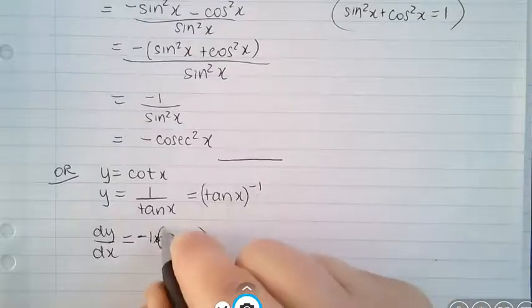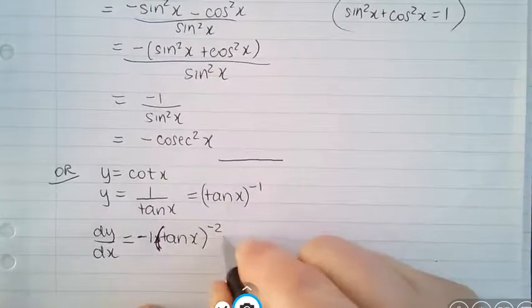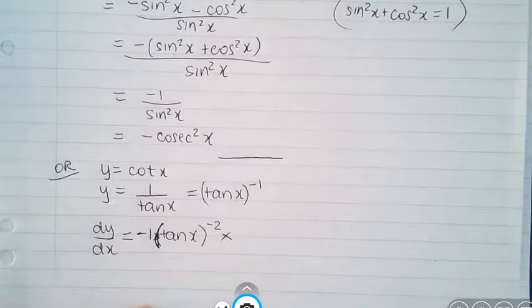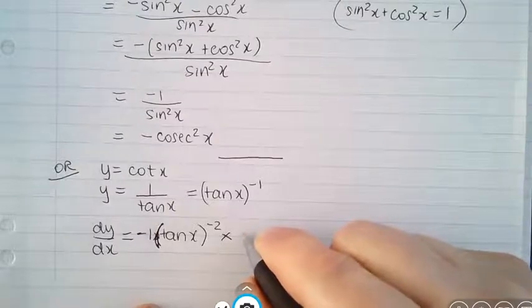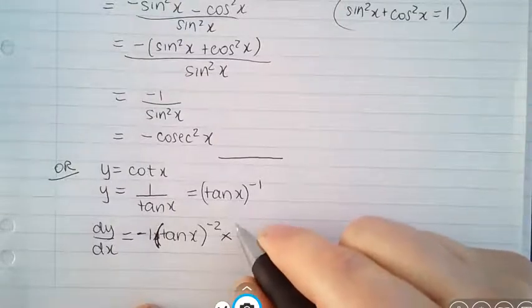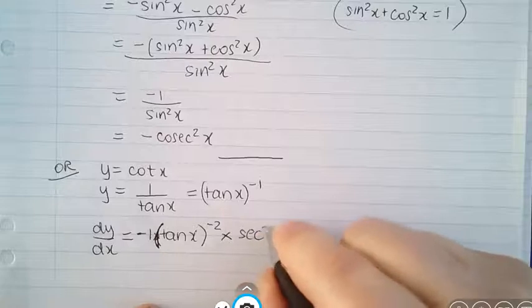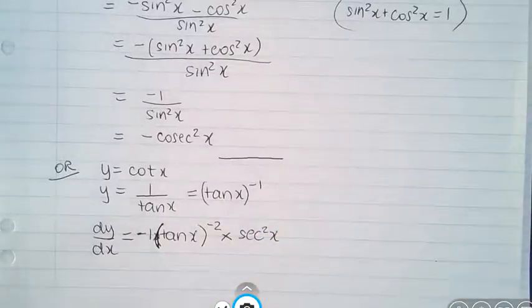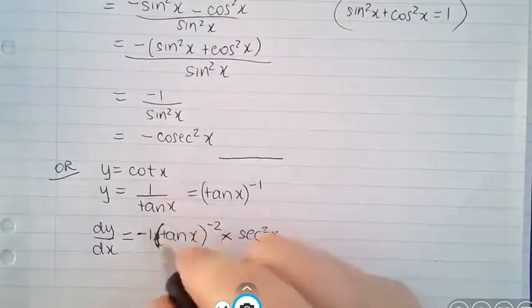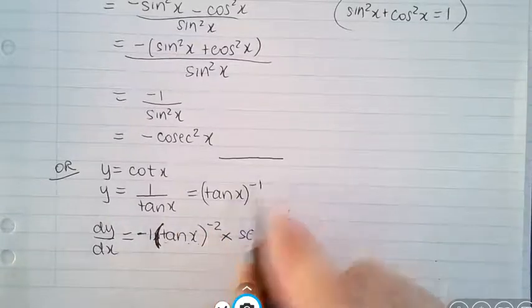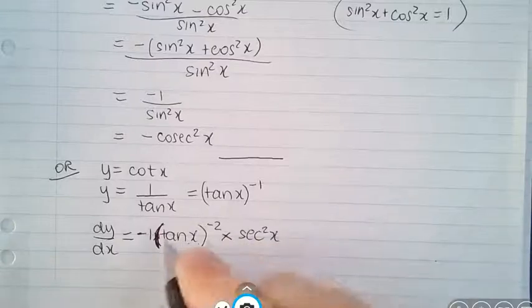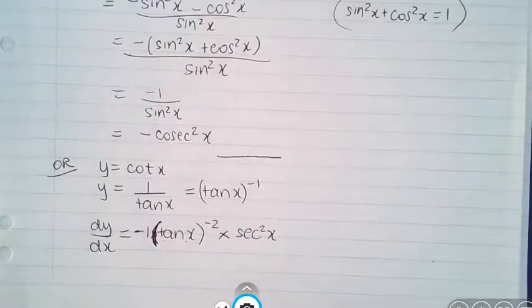To the what? Drop negative 1 by 1, to the negative 2, times, what do I do now? The derivative of tan x is? Come on. Sec squared x. So we bring the negative 1 to the front, bracket tan x close bracket, drop this power by 1, then times the derivative of tan x, which is sec squared x.